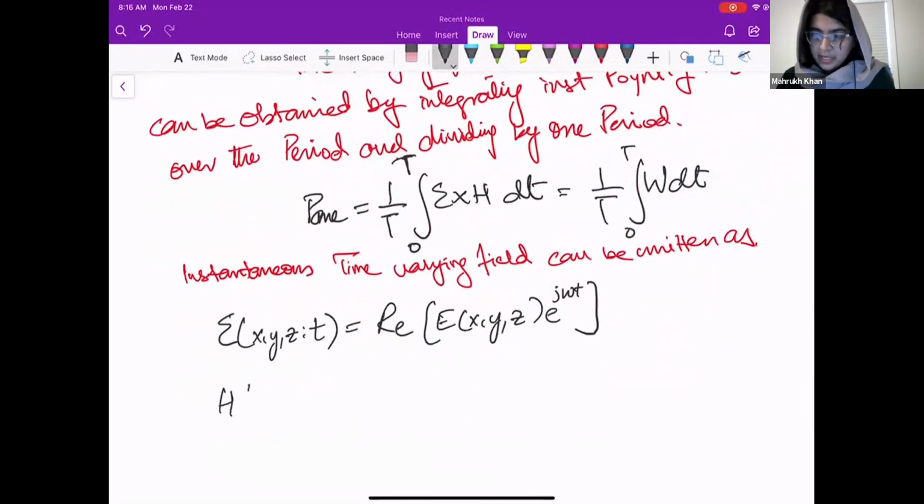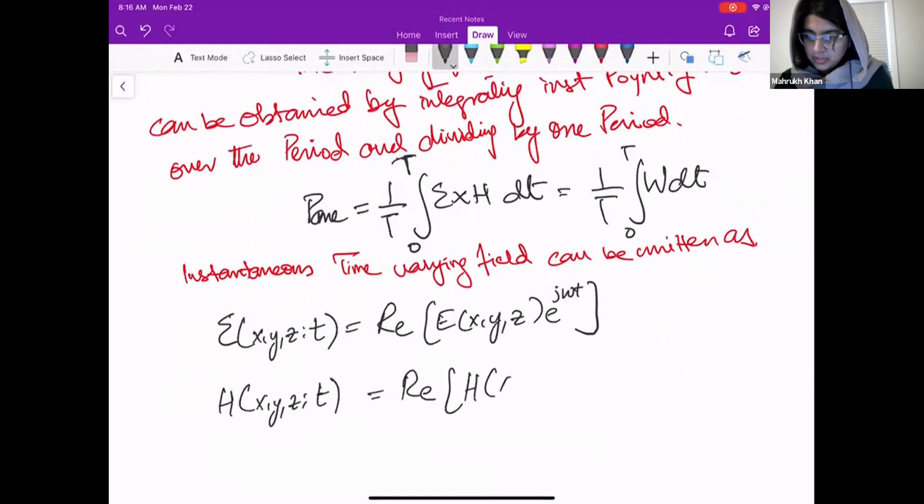And similarly, H(x, y, z, t) is the real part of H(x, y, z) e^{j omega t}.